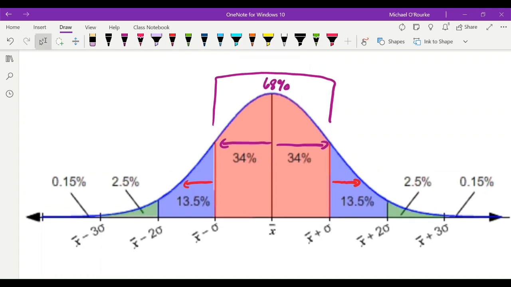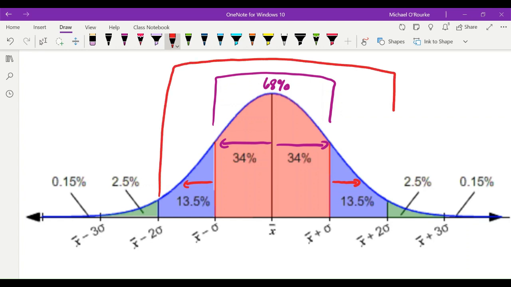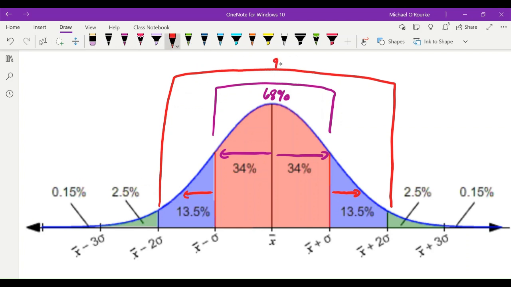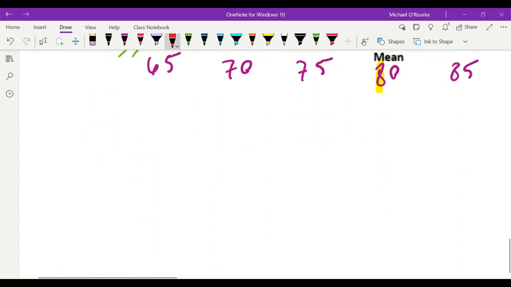What's that? So between here and here resides 95% of the population. And then as we go out, another 2.5 and 0.15. Okay? So let's just play with this.